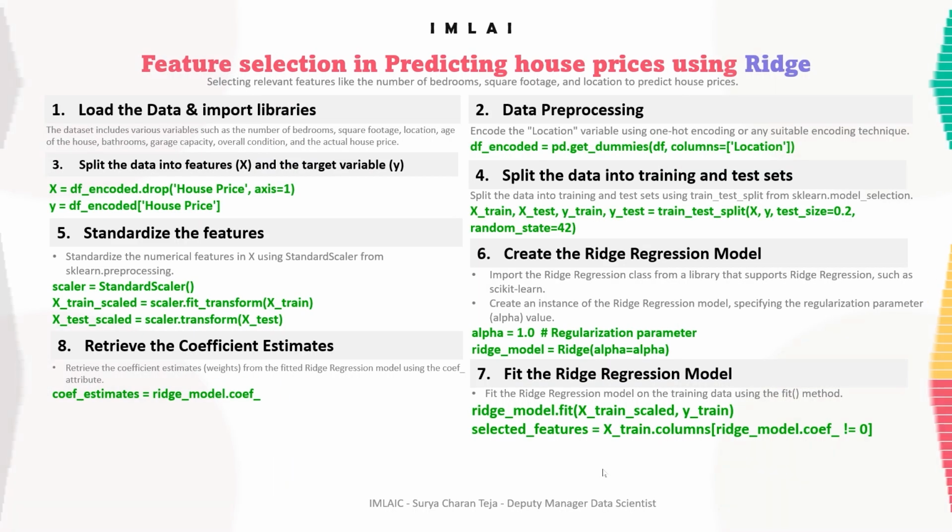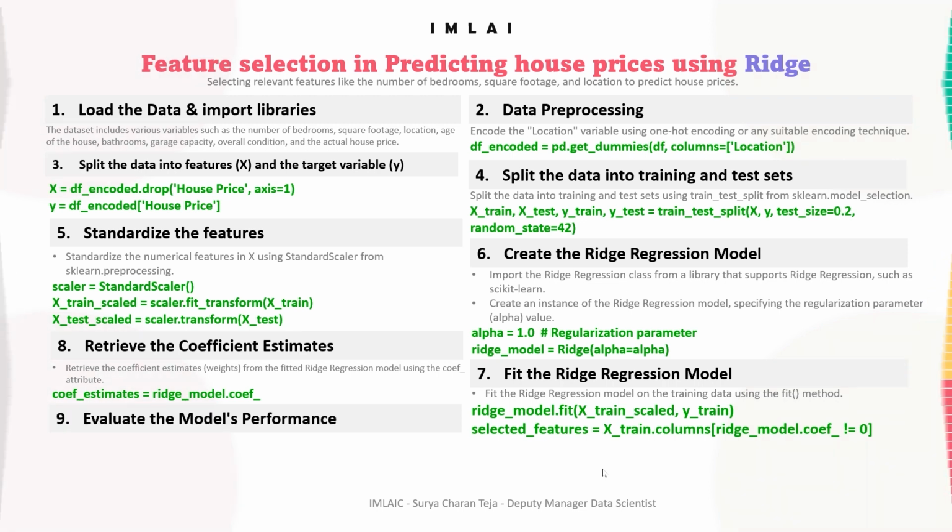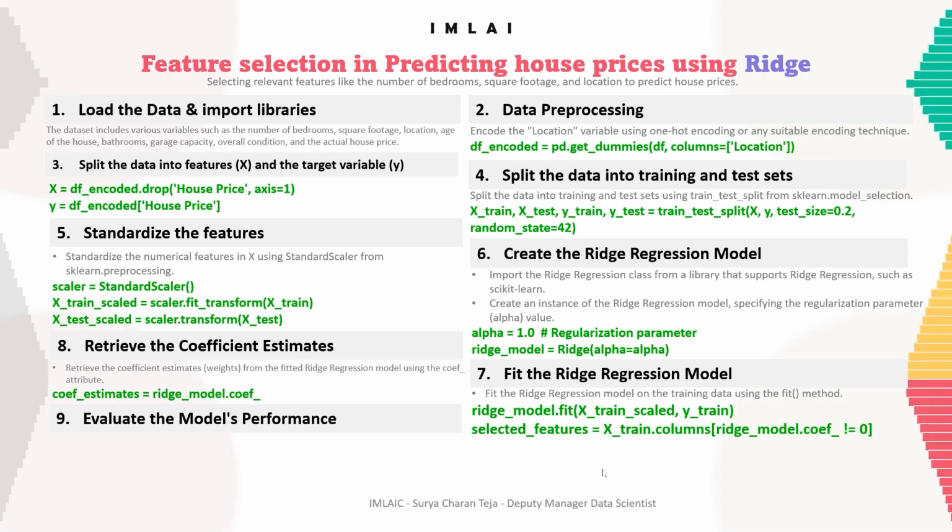So now the final step is to evaluate the model's performance. Use the trained ridge regression model to make predictions on the test data, and evaluate the performance of the model using suitable evaluation metrics such as mean squared error or r squared error.